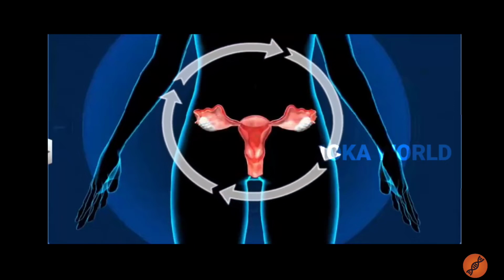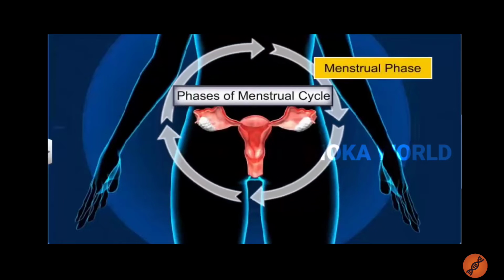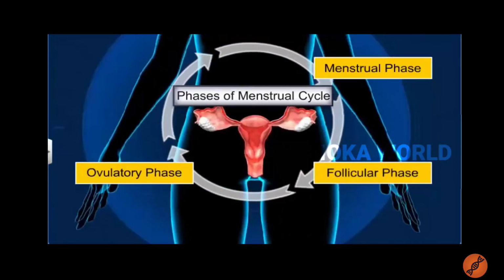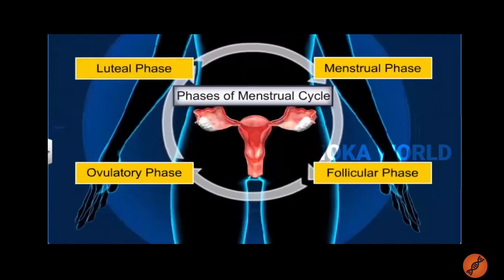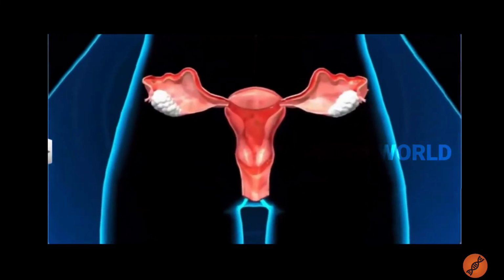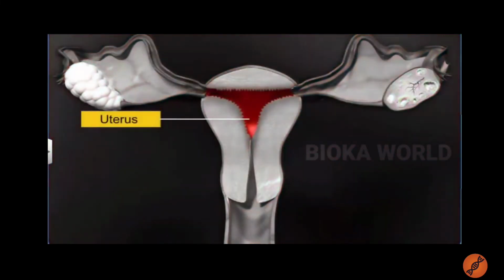A single menstrual cycle consists of 4 phases: menstrual phase, follicular or proliferative phase, ovulatory phase, and lastly the luteal or secretory phase. Each phase of the menstrual cycle is marked by simultaneous changes in the uterus, ovary and the secretions of hormones.